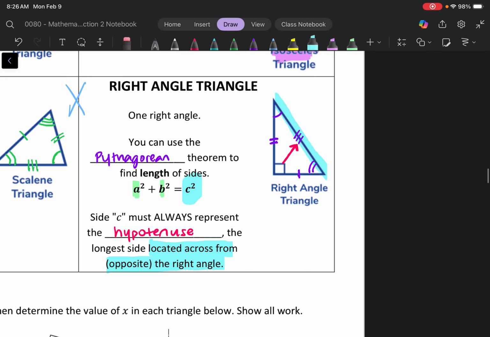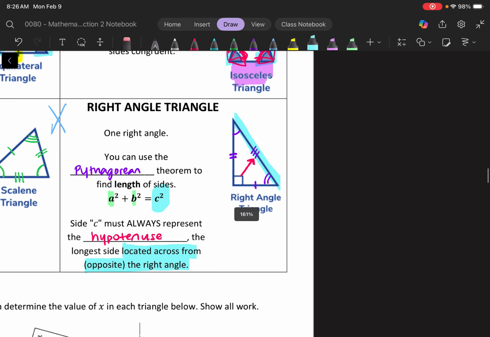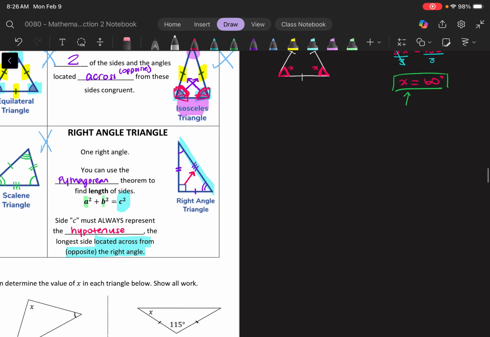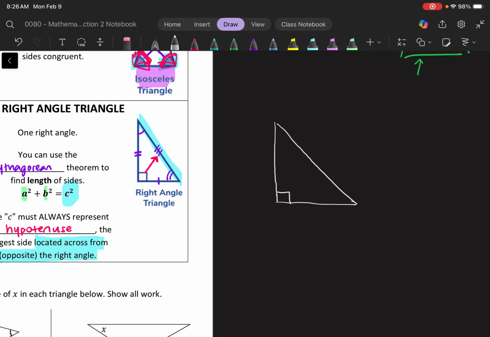Now, I want to do one small little tangent here because I think it's important for us to talk about. Let's imagine if I had a right angle triangle. Here it is. And I have 3 vertexes, or vertices is the appropriate pronunciation. Okay?